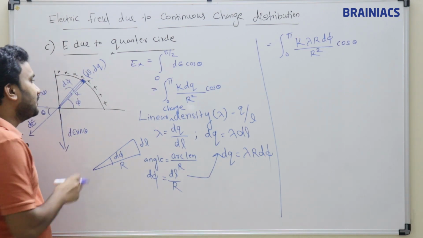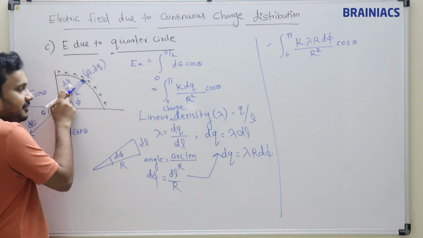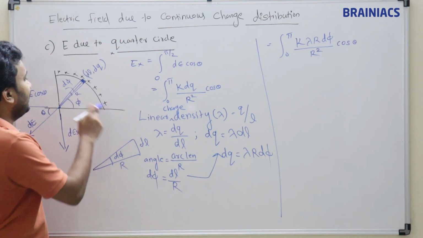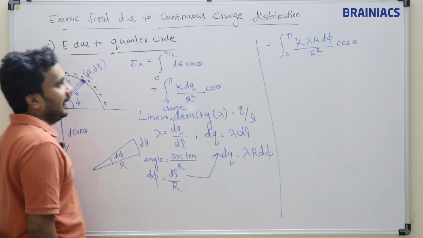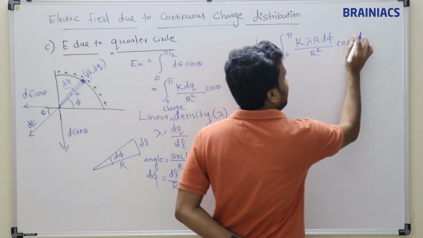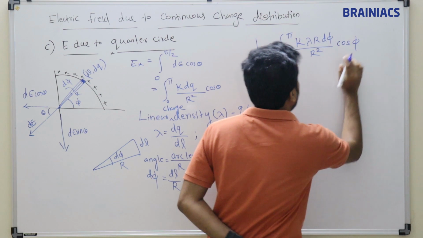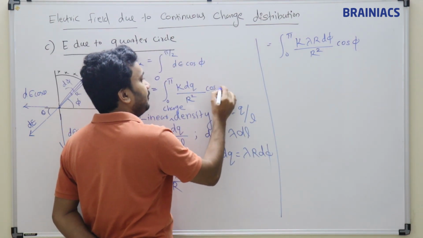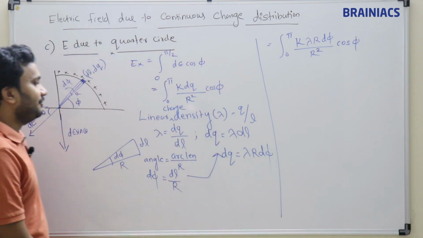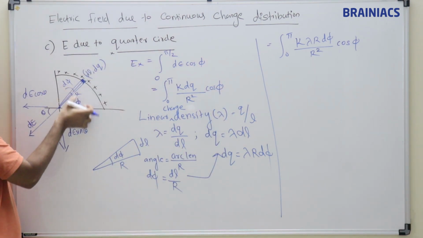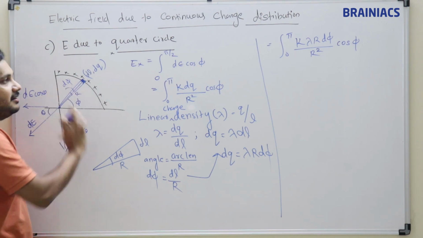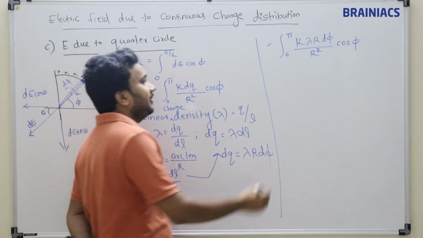Here I have written d phi, so I changed this to phi. The limit of phi will be 0 to 90 degrees. So it is cos phi, because we are working with d phi; every small element of the total phi is d phi. Otherwise we can go with theta and d theta, and it will be fine.